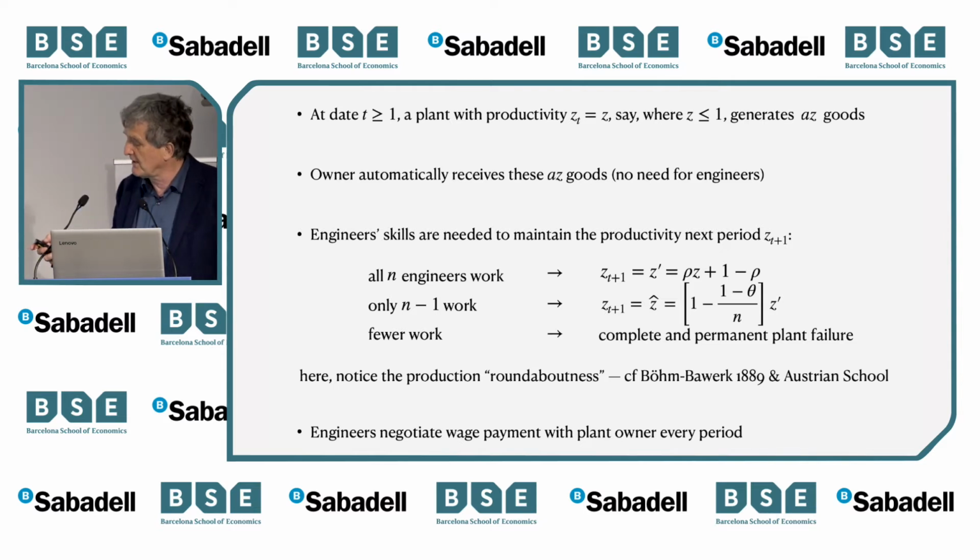If only N minus 1 of the Little Johns work, and the other one, the nth, shirks, then tomorrow's productivity is a scaled down version of Z prime, where this square bracket is, look at it, 1 minus theta over N. If you could just live with that particular functional form. That square bracket is less than 1, and it will mean, therefore, that Z hat, which is tomorrow's productivity in this event, will be lower than Z prime, naturally, because one of us shirked.